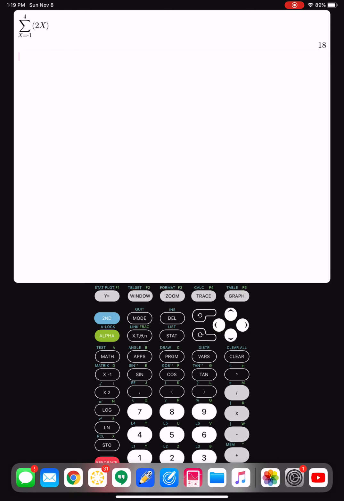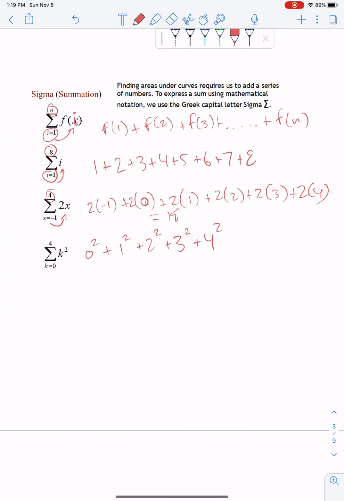If you are doing this on a TI-83 or an older TI-84, under the stats menu, I believe, under calculations, you'll see one that says SUM. So you click enter on it, and then you're going to go back into that same menu and find the one that says sequence.